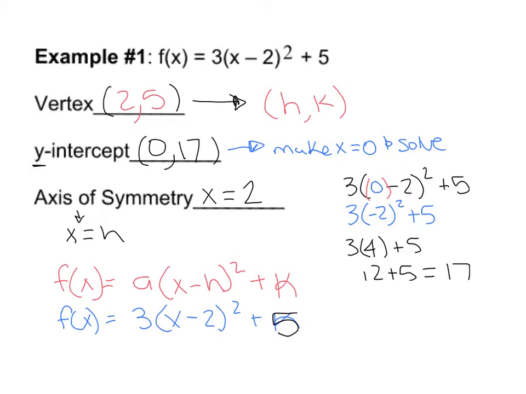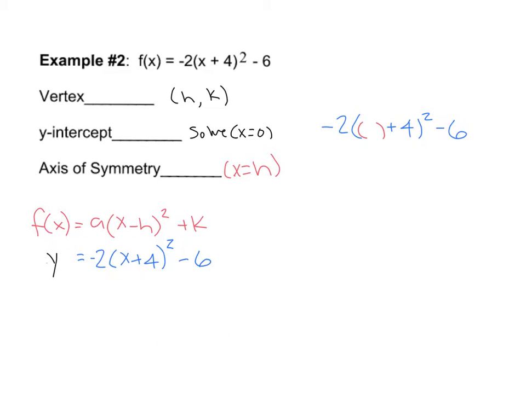All right, let's try another. Same type of problem, okay? We're given this quadratic in vertex form. We're going to look for the vertex, y-intercept, and the axis of symmetry. Notice I went ahead and rewrote vertex form in its original state, and then underneath it, I wrote our breakdown here, okay? So let's plug in what we know. Vertex. Okay, h is here.